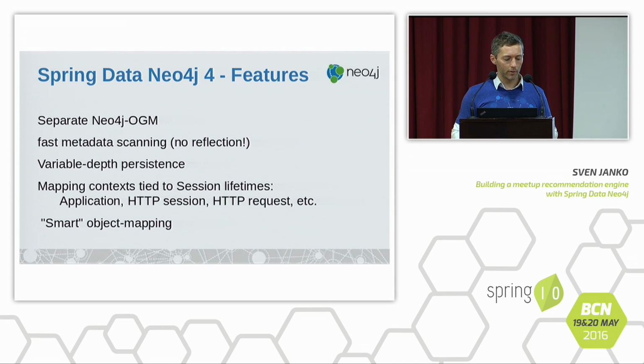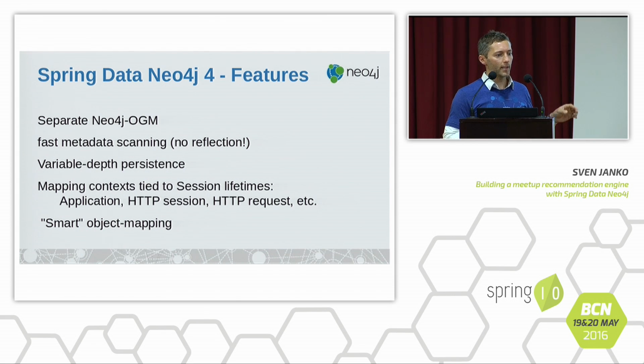And there's been also some work on the metadata scanning. So we're now using no reflection, so we can very quickly scan the data. And we also support variable depth persistence. Variable depth persistence is, well, the depth of your traversals is the number of relationships you go.